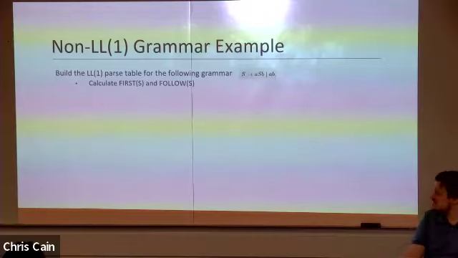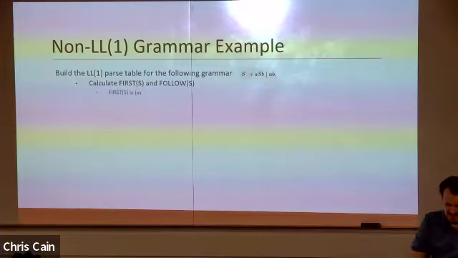We look at both productions. Both productions start with a terminal, which means there's no fancy work to do here. First of S is just A, regardless of which production you use. The first symbol has to be an A.